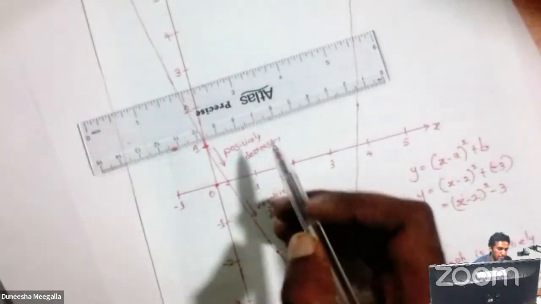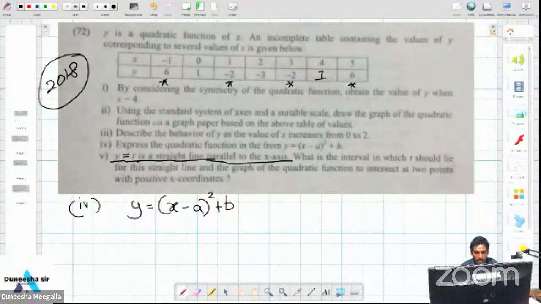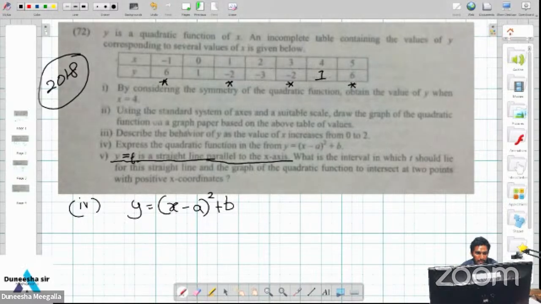Now what else does it say? The x coordinate should be what? I am going to the question again. What is the question? y equals t is a straight line parallel to the x-axis.